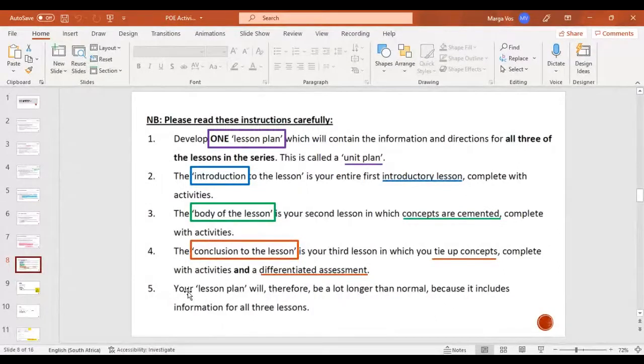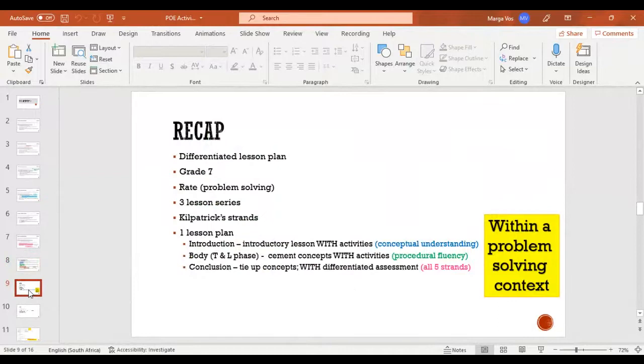So your lesson plan will therefore be a lot longer than normal because it includes information for all 3 lessons. So just to recap, it should be a differentiated lesson plan. In other words, you should show me how you will differentiate your whole introductory lesson. How will you differentiate it so that you include all three groups of learners?